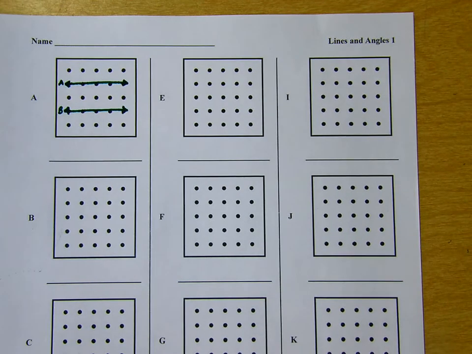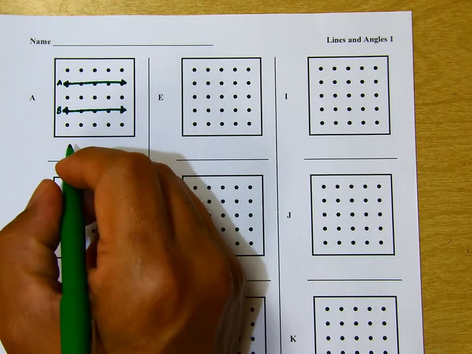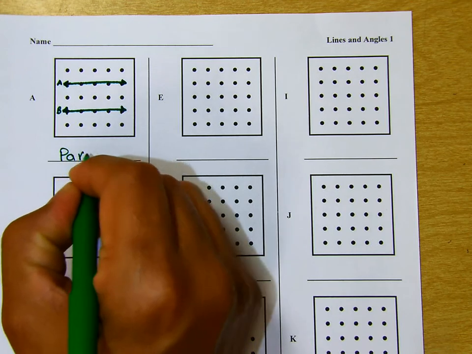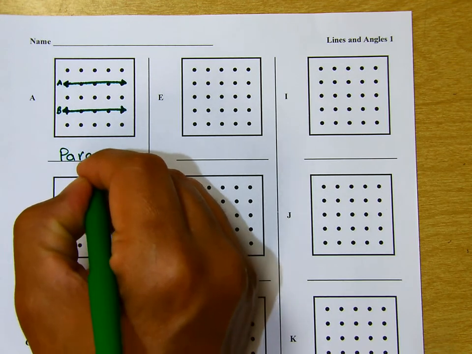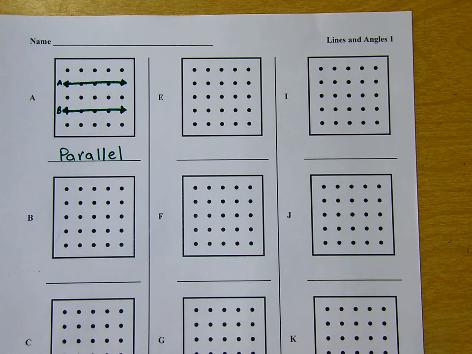So that is a set of parallel lines. At the bottom, we're going to label this as parallel. So those are parallel lines.